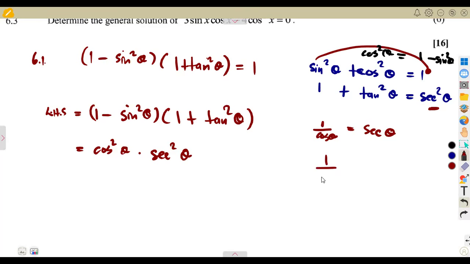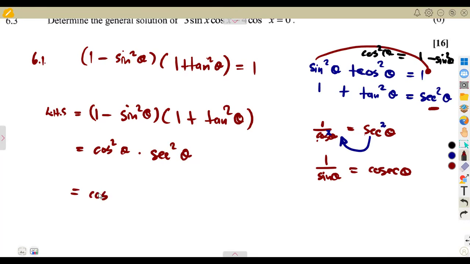If it is 1 over a sine of theta, it is equal to a cosec theta. Take note, cos changes to s, which is sec, and sine to cosec. All right, so there is a sec squared theta, meaning if I square this, it is also supposed to be a cos squared. So I can replace sec squared with 1 over cos squared, since here I'm already having a cos squared.